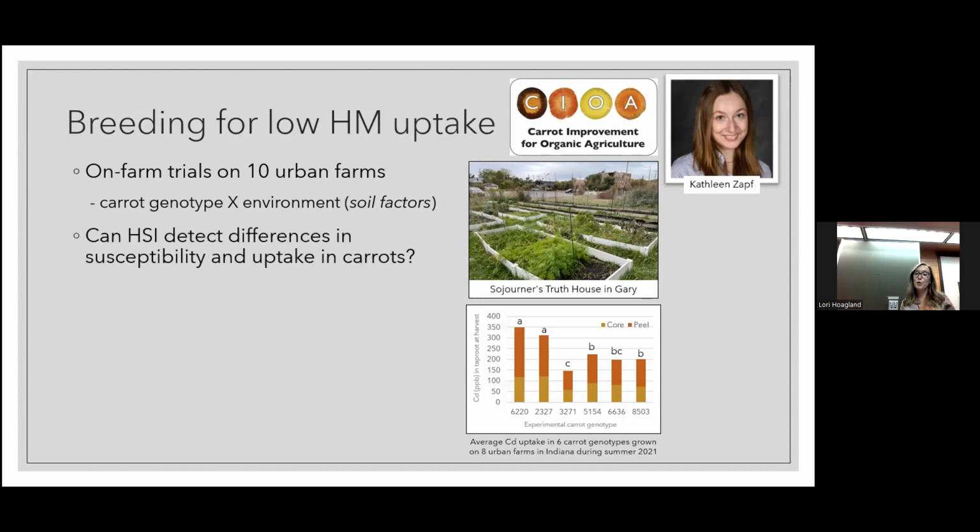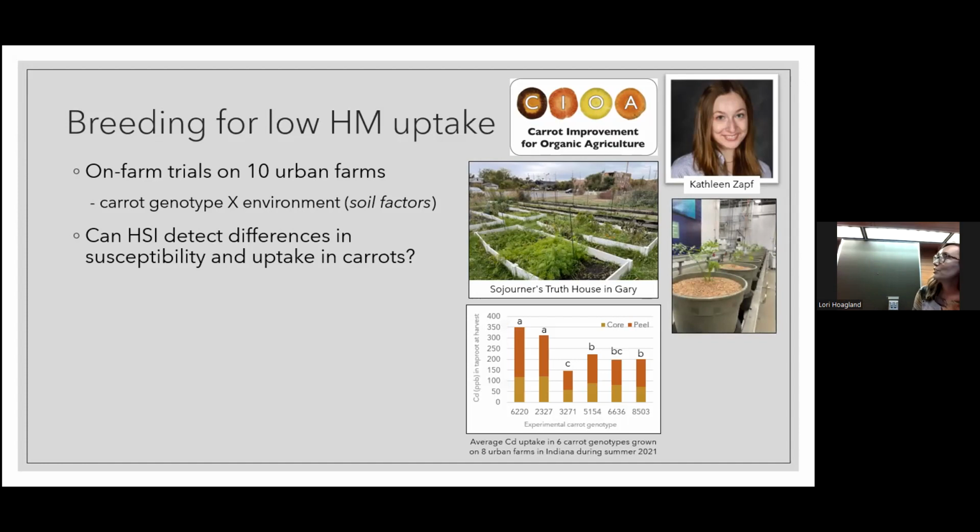So moving forward with using the hyperspectral imaging technology, Kathleen's going to be looking at whether we can actually detect differences among genotypes using this screening method so that we can start to evaluate and investigate mechanisms. She did a pilot experiment just a couple weeks ago to learn how to grow carrots in the AAPF.